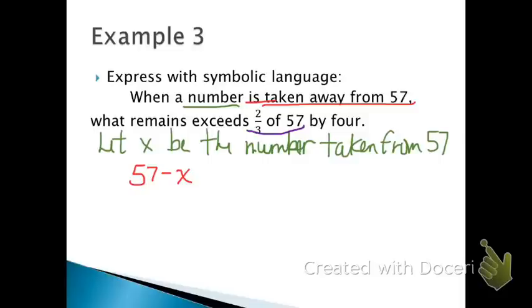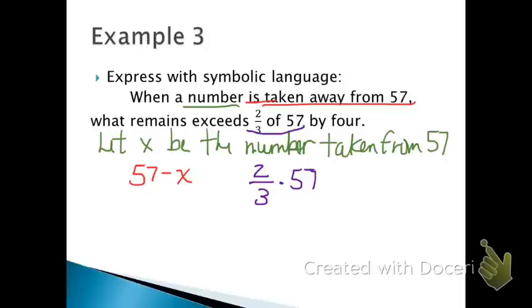This is similar to the 1/4 of x, but 2/3 of 57 is a multiplication problem. Of usually refers to multiplication. So this is 2/3 times 57. Okay, so what remains exceeds 2/3 of 57 by 4.